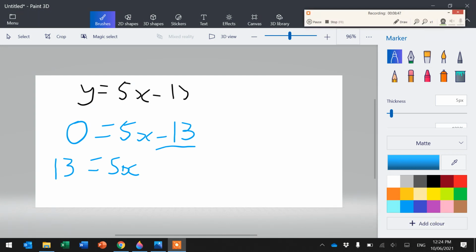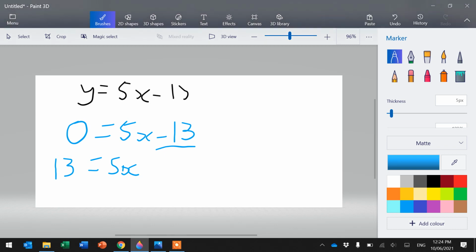So we are back. I'm sorry, there was a bit of a distraction. So 13 equals 5x, because we've got rid of the 13 from the right hand side. But because it's 5 multiplied by x, we need to divide both sides by 5 to get rid of that 5 in front of the x.